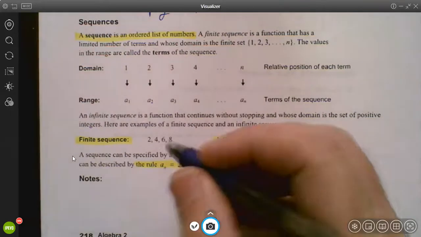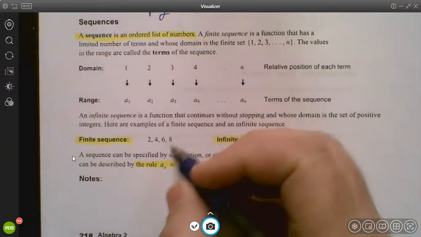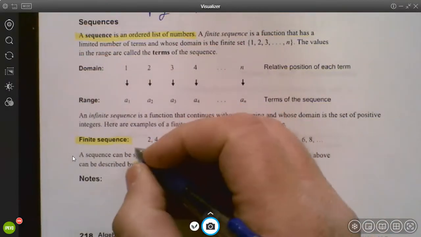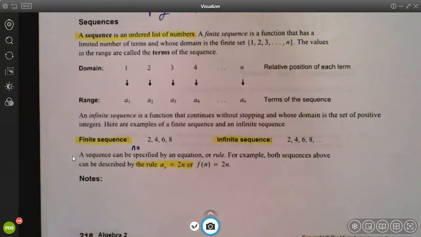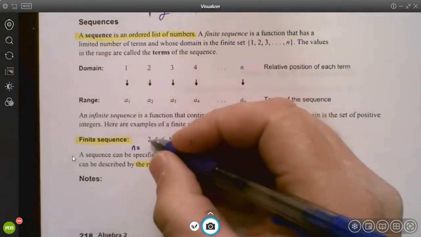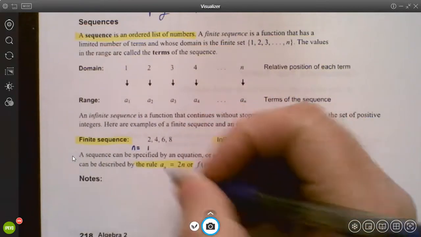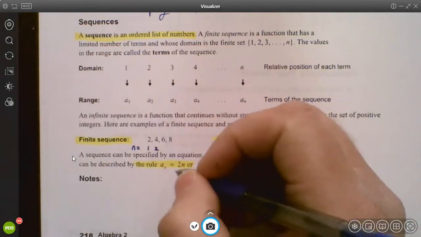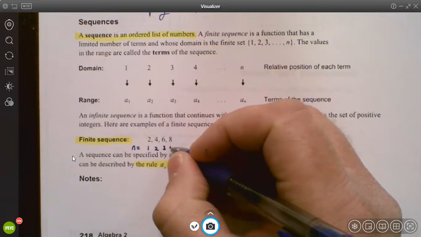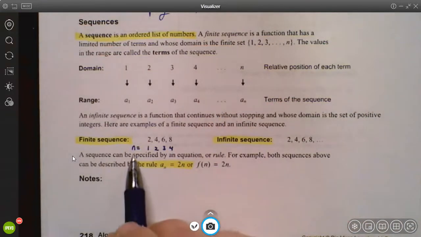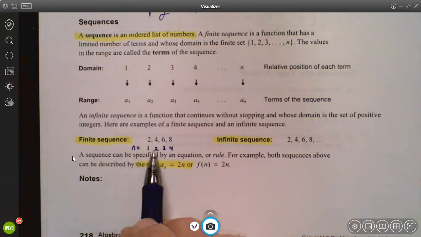What we're really seeing in terms of a rule is that we would look at this and identify what term number each one of those belongs to. We would say this is our first term, that's our second term, that's our third term, that's our fourth term, and n always represents a term number.